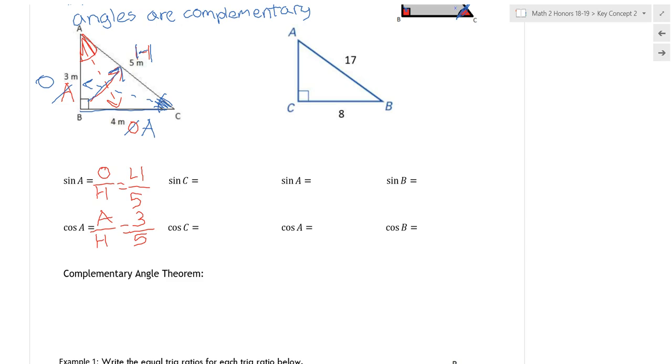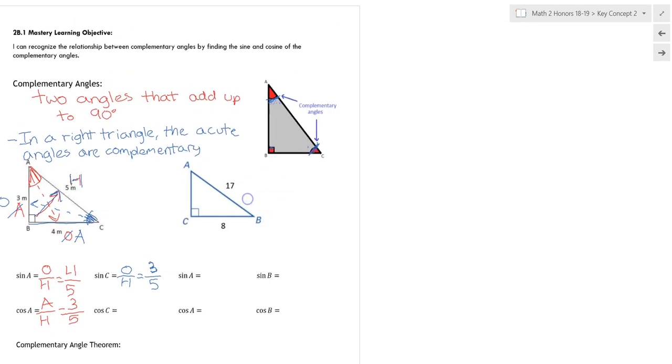Then the sine of C is still opposite over hypotenuse. My opposite side is now 3, and my hypotenuse is still 5.